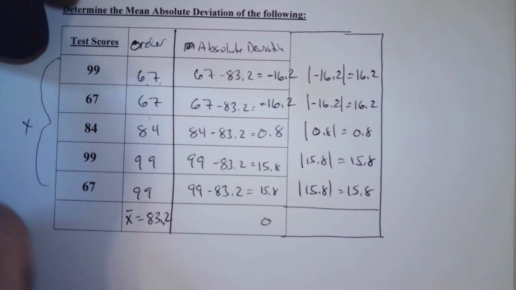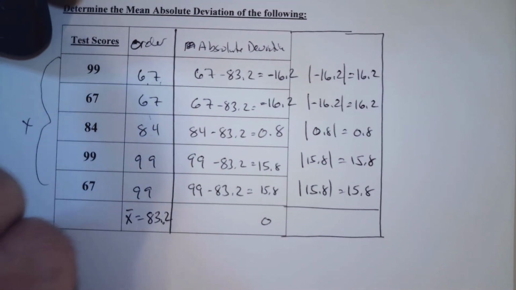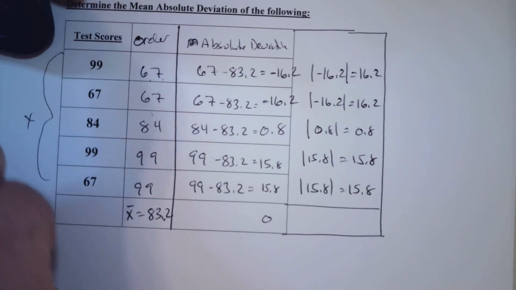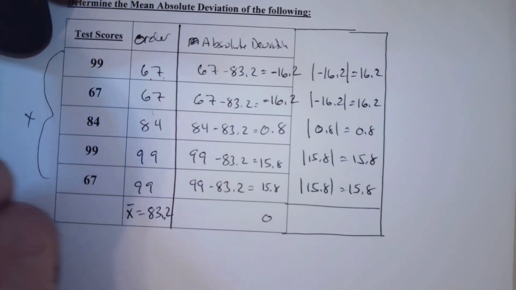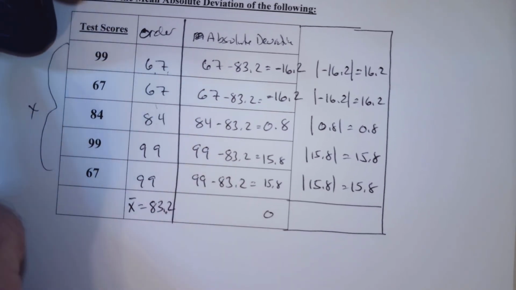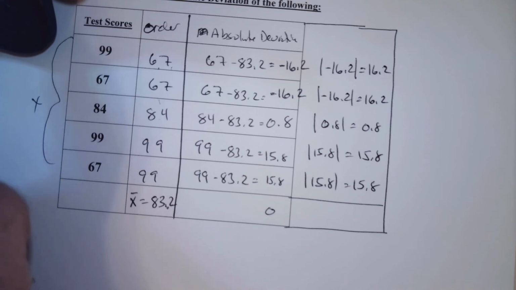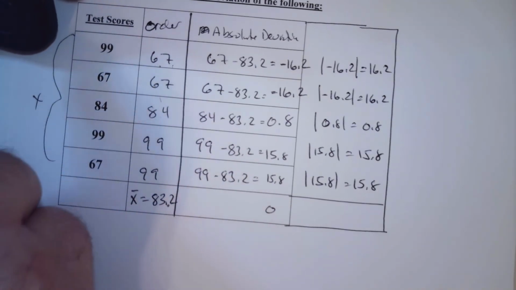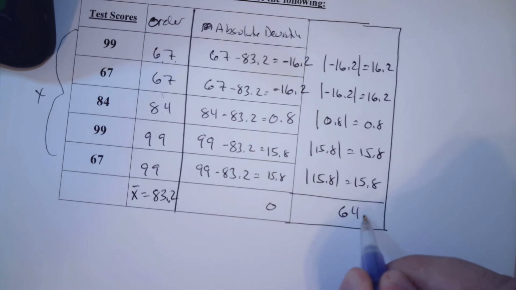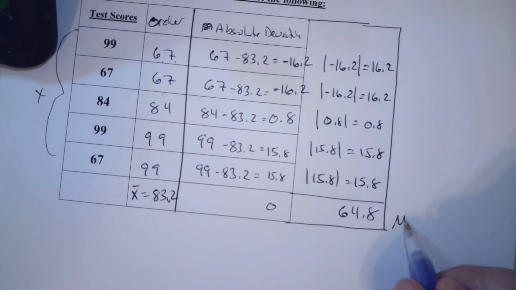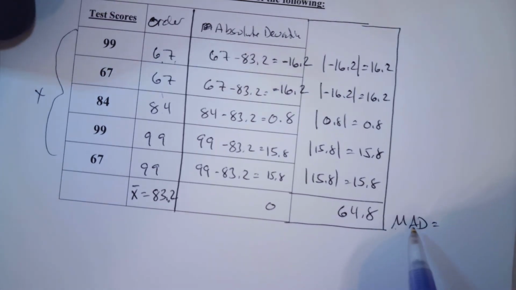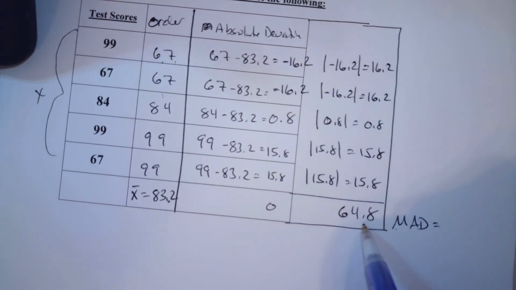So if we add up all those, we get 15.8 plus 15.8 plus 0.8 plus 16.2 plus 16.2. That gives us 64.8. These are the absolute values.